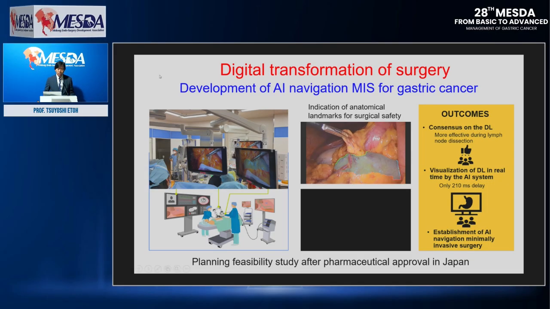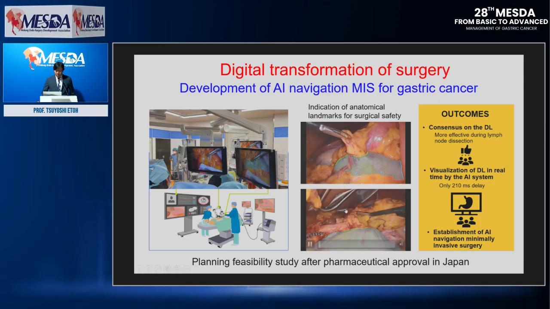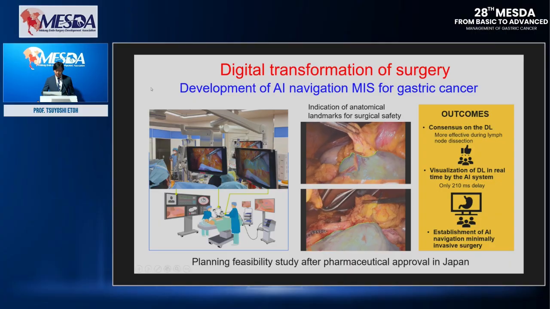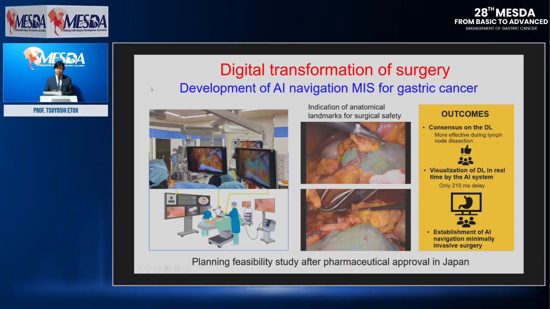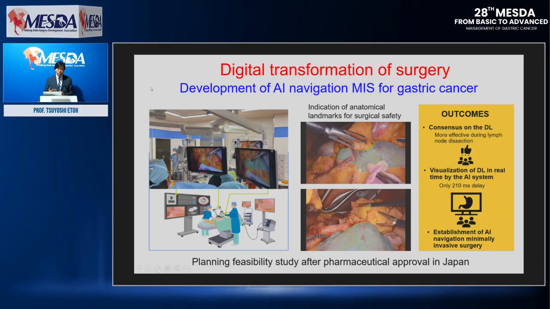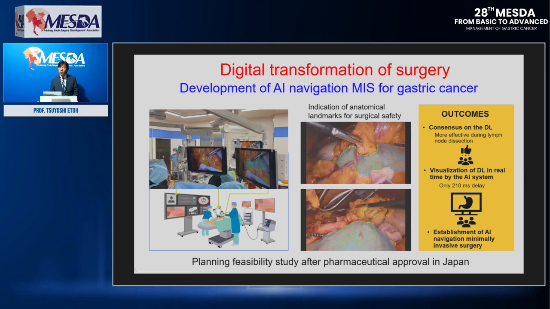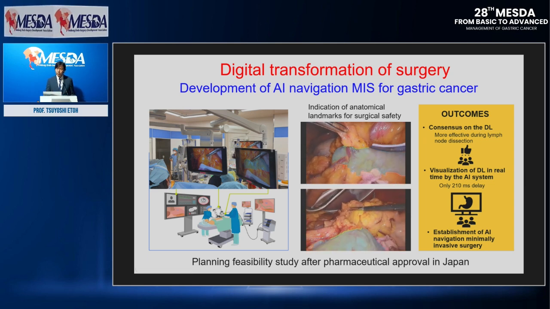As I said, we are developing the digital transformation of surgery using AI navigation surgery. This AI system will contribute not only to surgical safety, but also to the education of young trainees.